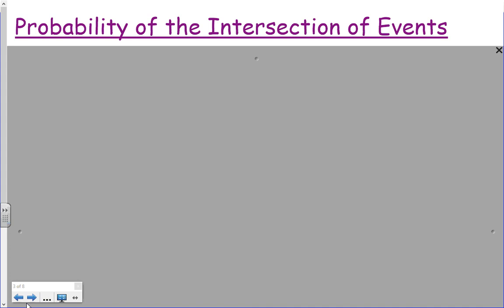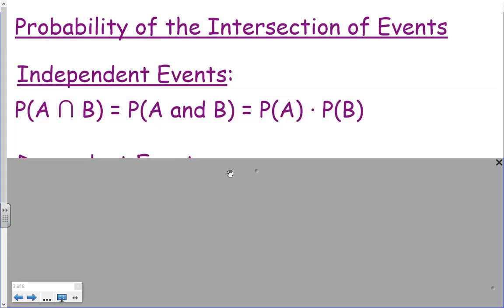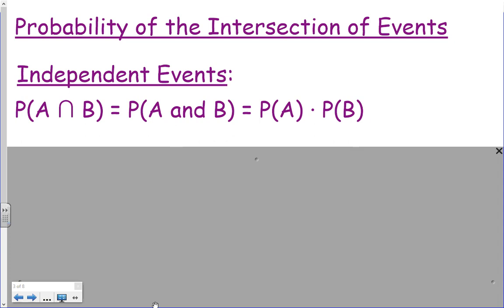All right, so let's talk about how we calculate the probability of the intersection of events. There are two different categories we have to put these into. The first one is independent events, which probably gives you a big hint as to what the second category is going to be.